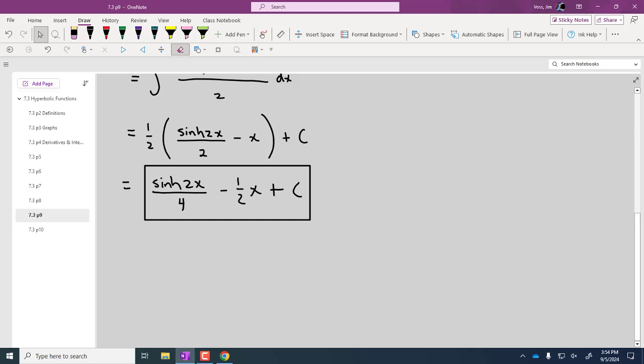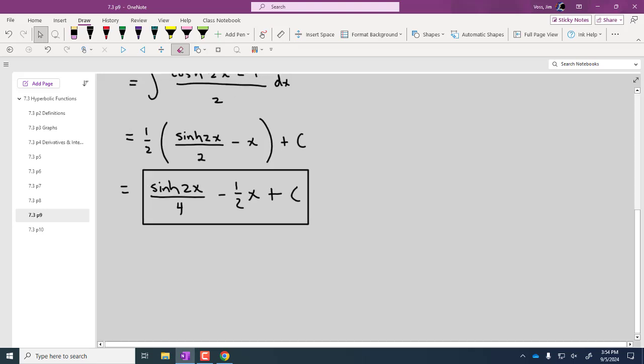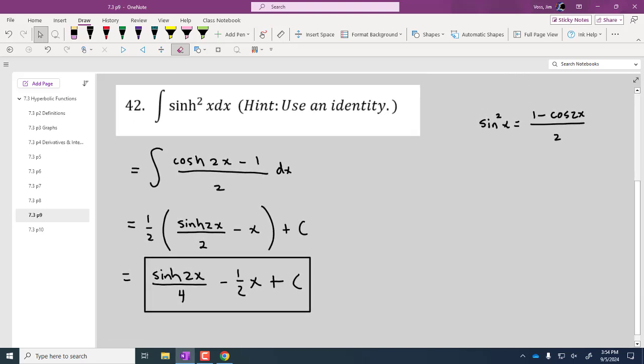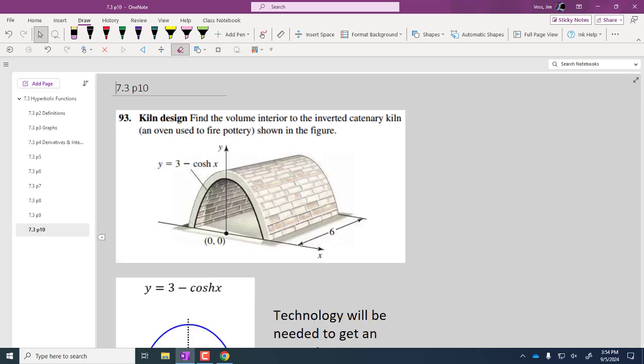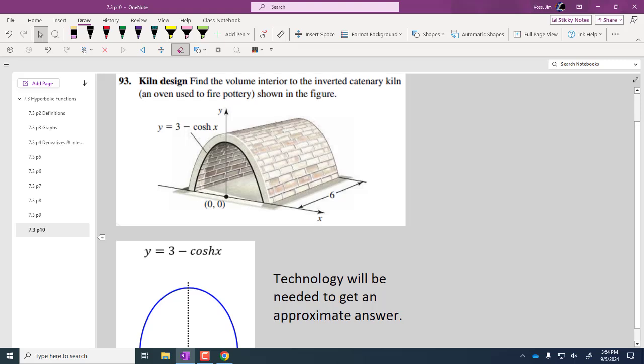All right, any questions on any of those steps? All right, let's go to the last example here. We'll use hyperbolics to figure out the volume of the inside of this inverted catenary kiln.